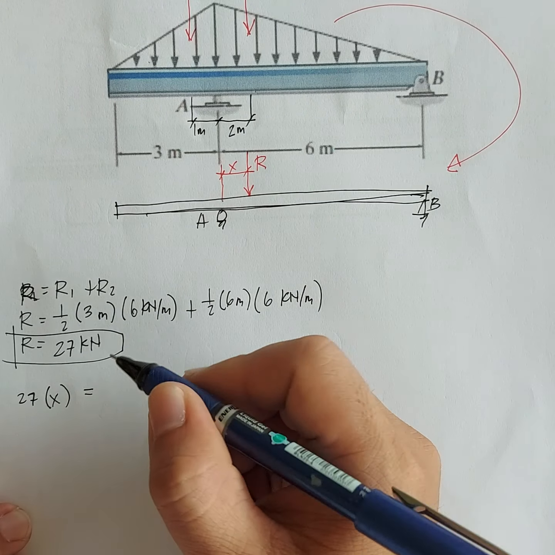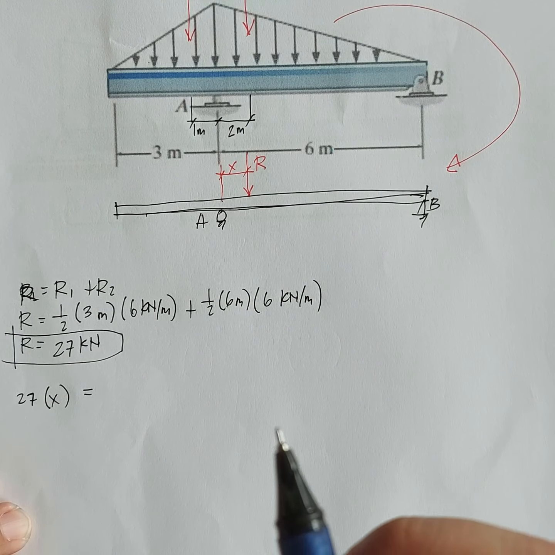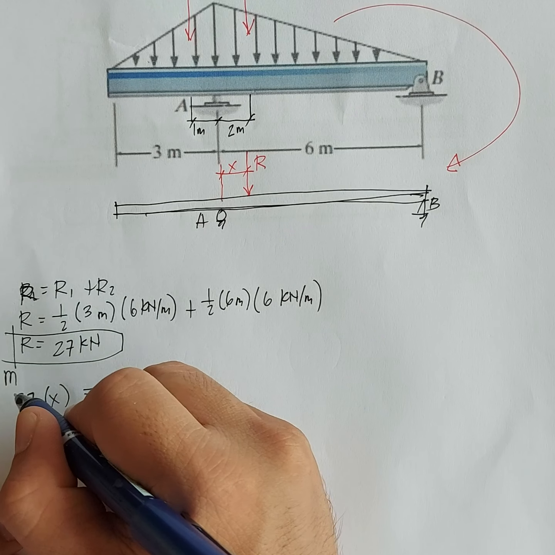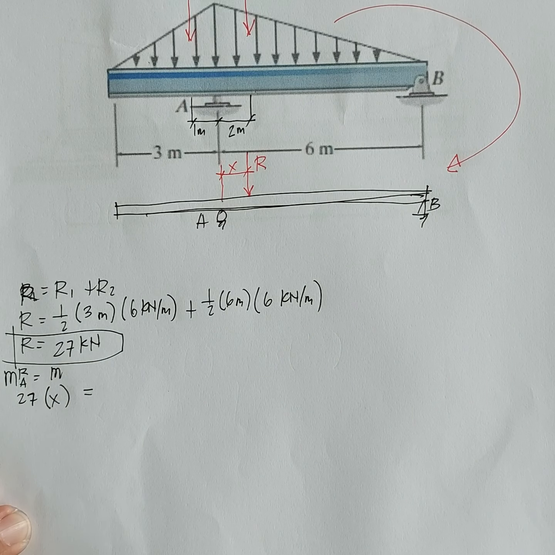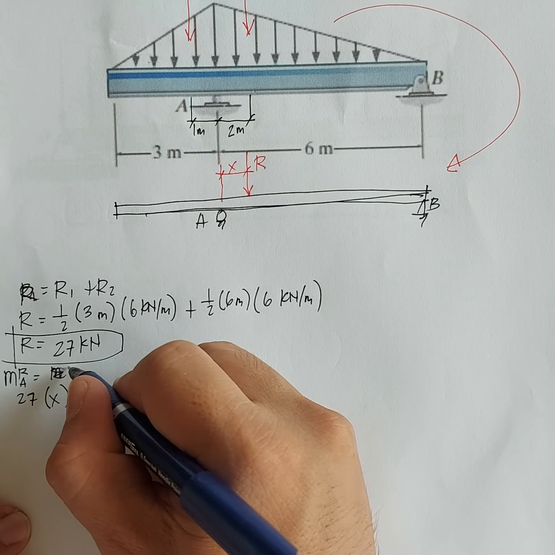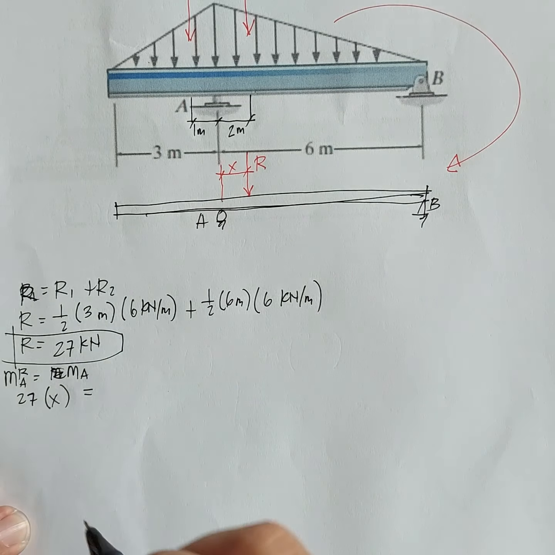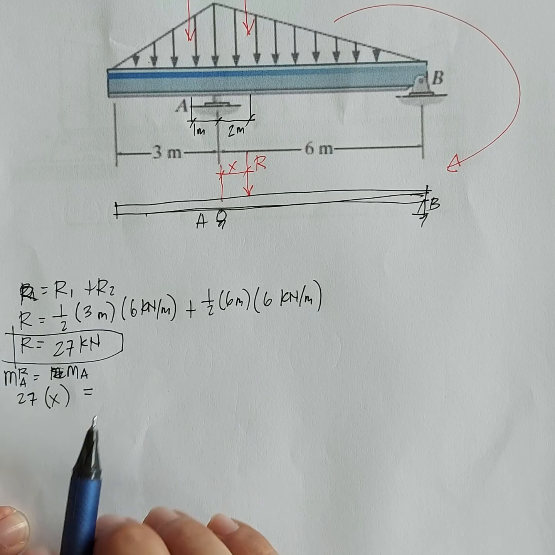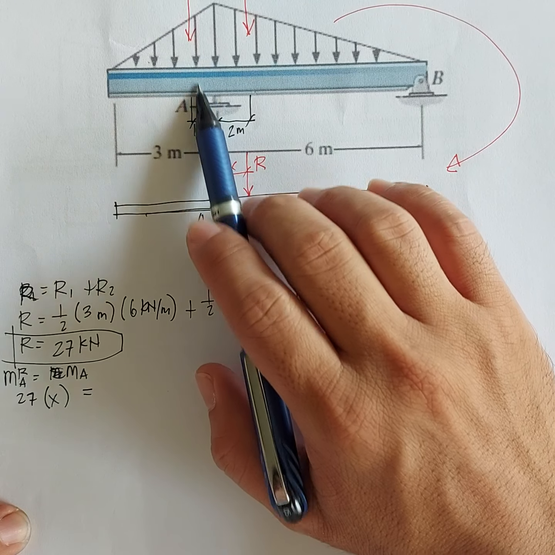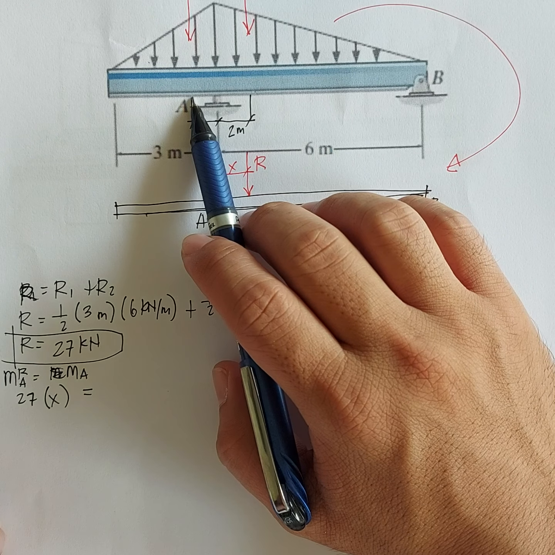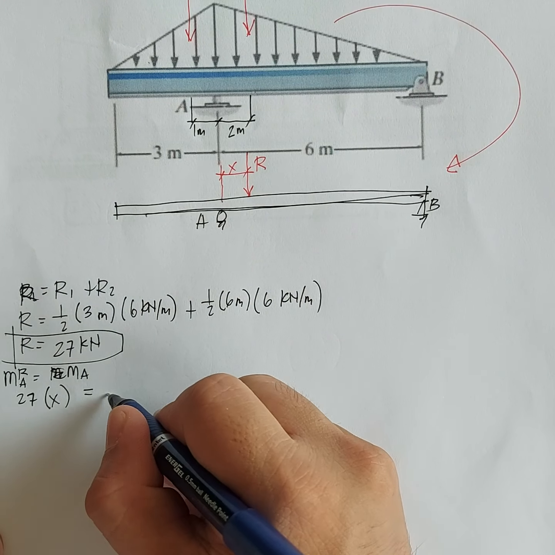So 27 times X should be equal to the moment of R1 about A. R1 creates a counterclockwise moment about A, so it's minus.